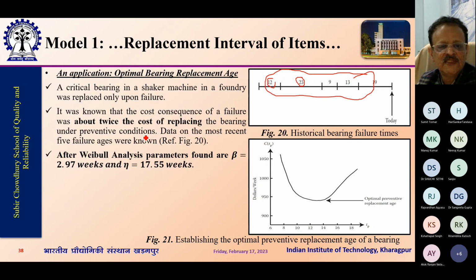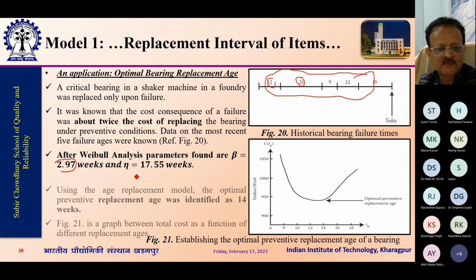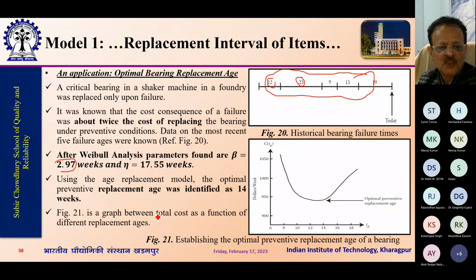In this case, Weibull analysis is resorted to, and beta is found to be 2.97. So it is varying very quickly, and the characteristic life turns out to be 17.55 weeks. So one can compute the mean time to failure of that. So replacement was identified as 14 weeks. Once the data was analyzed, the minimum is occurring at 14 weeks.